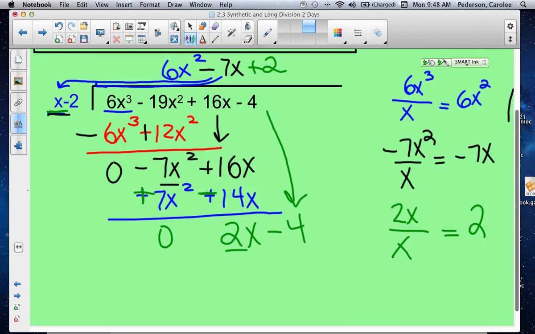And now what do I do with that green plus 2? Multiplied by the x minus 2 in the front again.